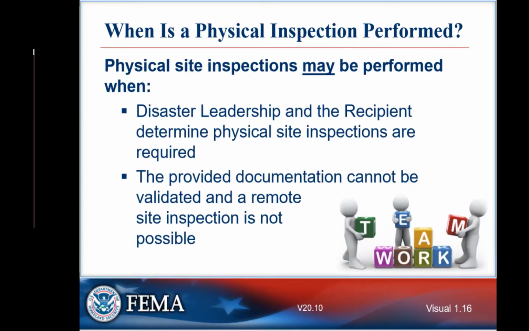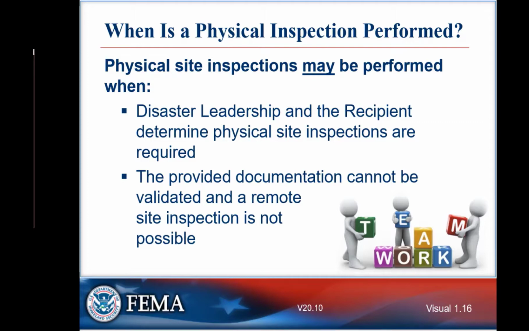So when is a physical site inspection performed? Well, a physical site inspection may be performed when disaster leadership and the recipient determine a physical site inspection is required, when your provided documentation cannot be validated, and you are unable to perform a remote site inspection.